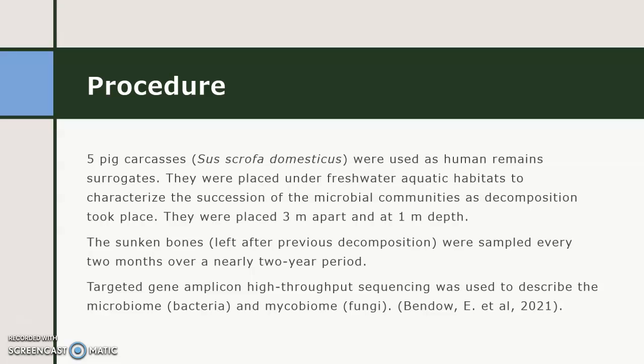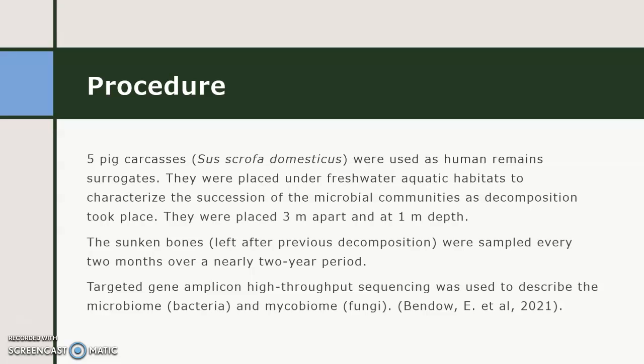They were placed 3 meters apart and at 1 meter depth. The sunken bones, which were left there after the whole carcass decomposed, so remember they're focusing on the bones, were sampled every 2 months over nearly a 2-year period.